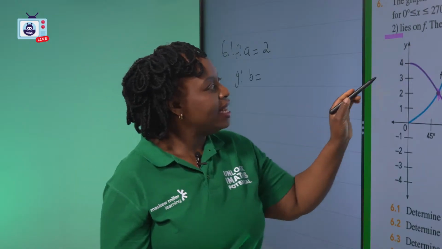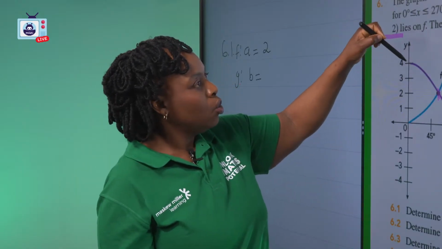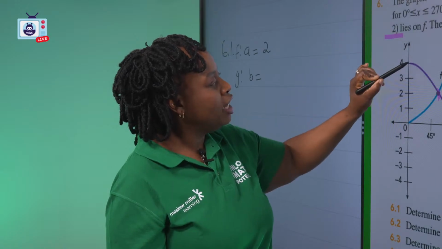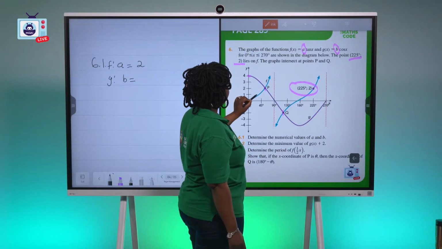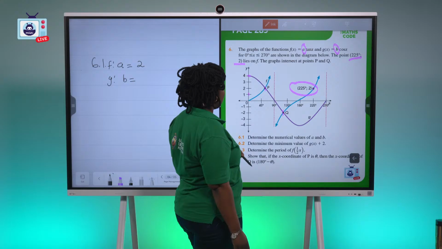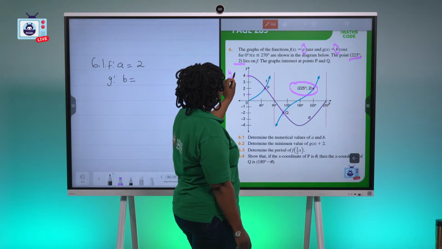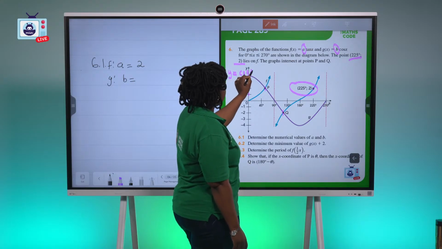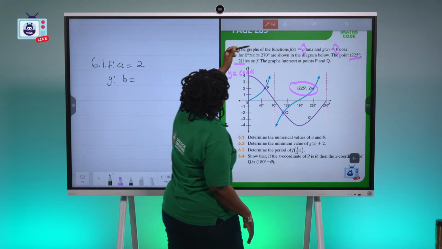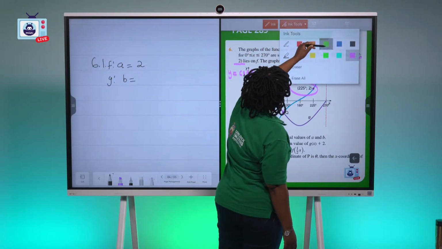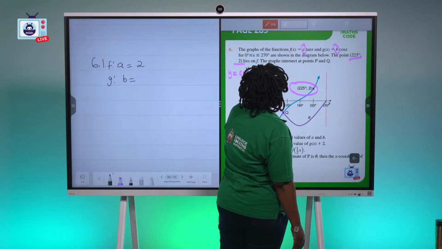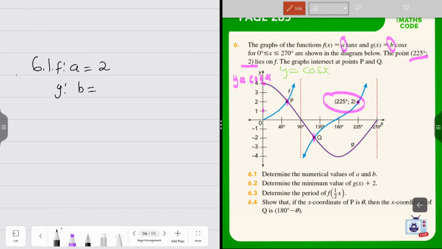So if we look at your cos graph, normally it should have started right at this point. That is where we'd have a normal y equals cos x, which is the normal graph that we have. So y would have been equal to cos x like that, simply because that would have been 1.